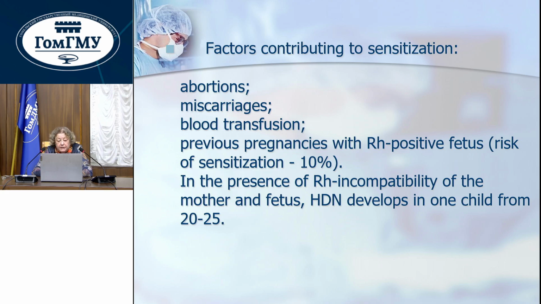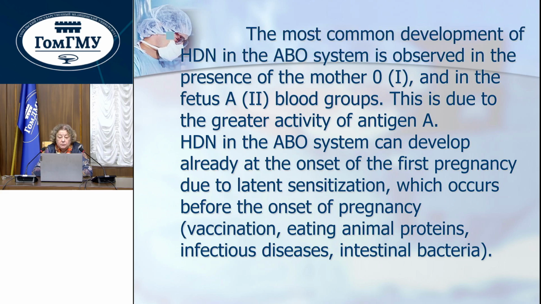In the presence of Rh incompatibility of the mother and the fetus, hemolytic disease develops in one child from 20 to 25 only.